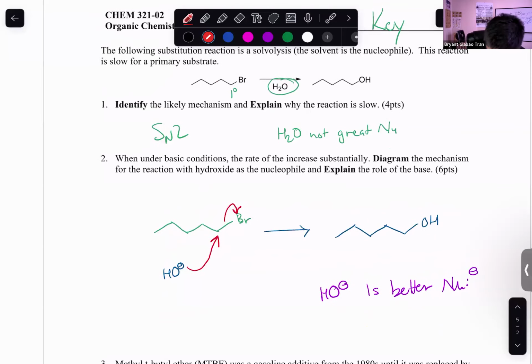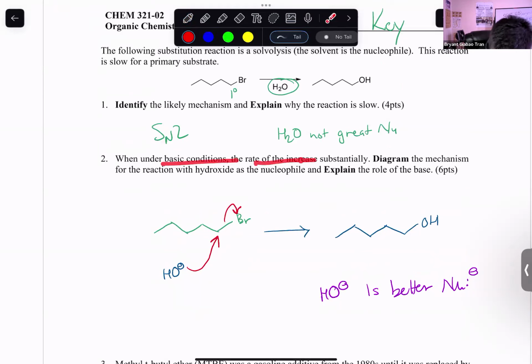Question. Okay. When under basic conditions, the rate of the reaction increases substantially. Diagram the mechanism for the reaction with hydroxide as the nucleophile and explain the role of the base. So in basic conditions, you will have negative charges in the environment, right?